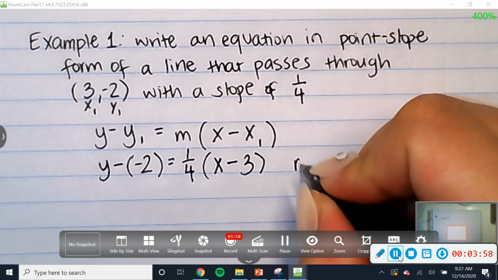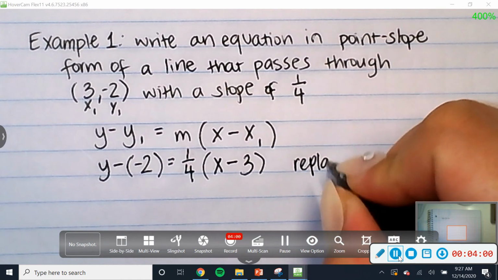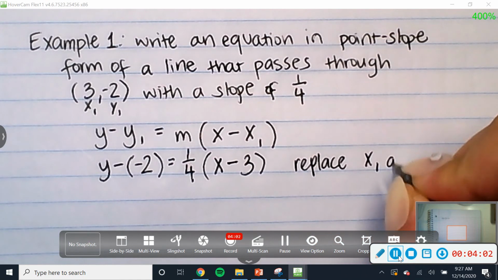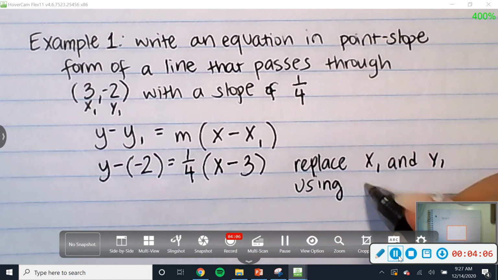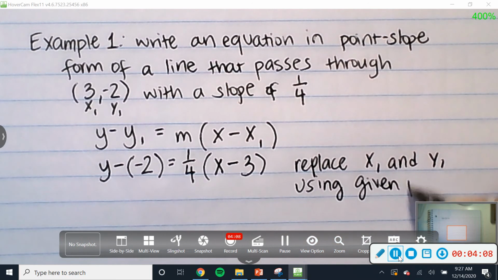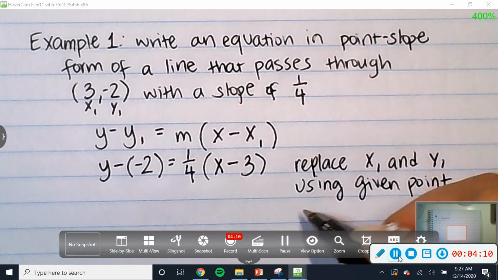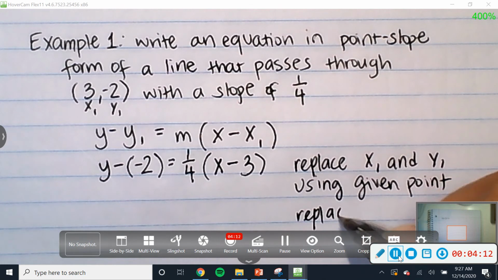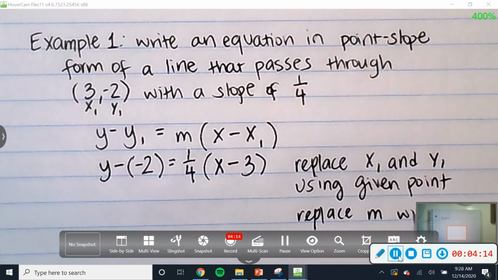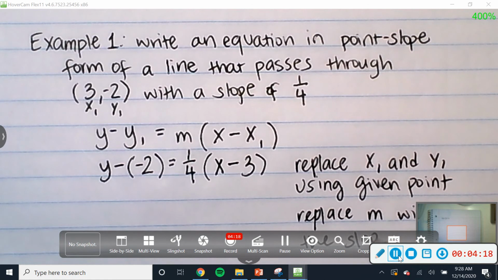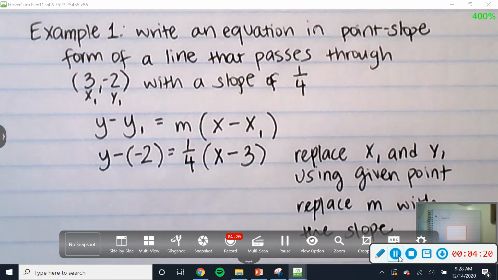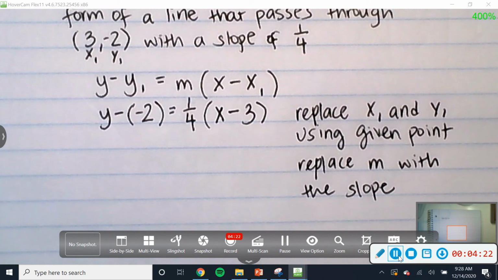So all we just did was replace the x1 and y1 using the given point. And then we replace the slope, which was m, which was also given.